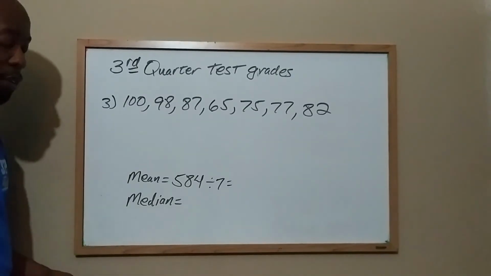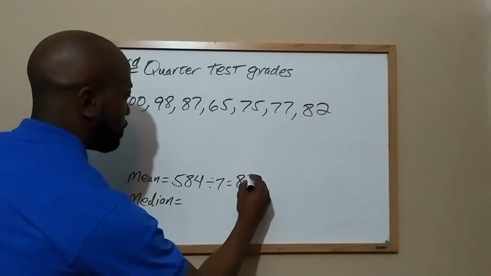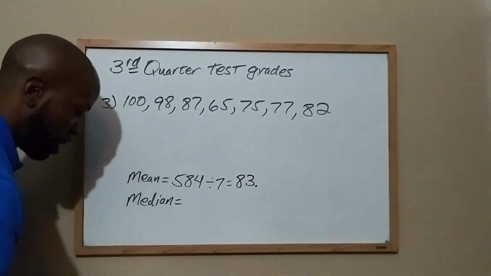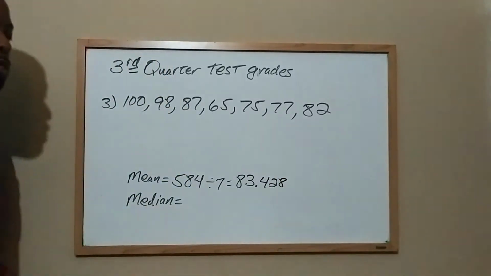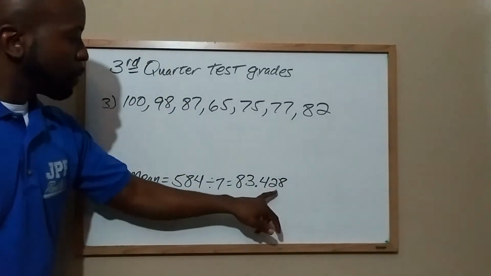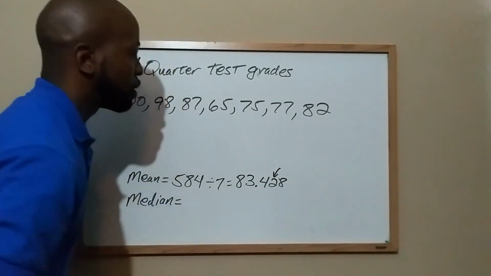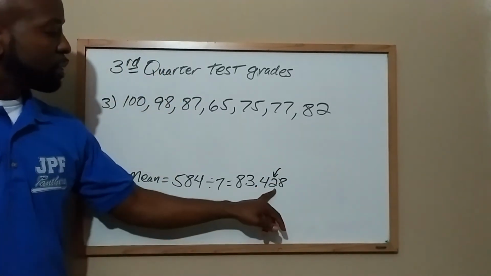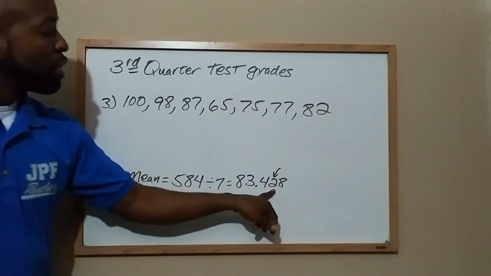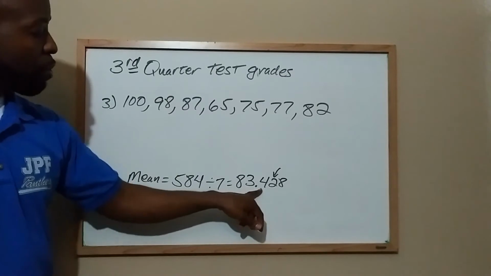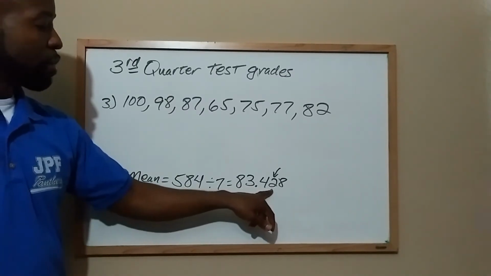If you use the calculator, you would come up with 83.428, and there are other numbers to the right of that. But we want to round to the second number to the right of the decimal. So now I have a decision. Either my answer is going to be 83.42 or it is going to be 83.43.